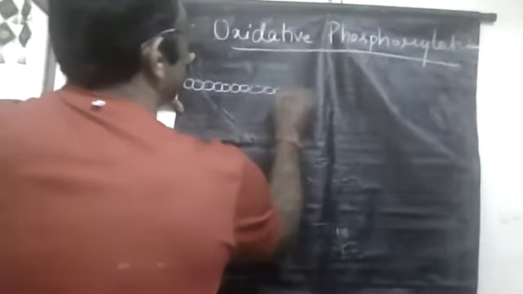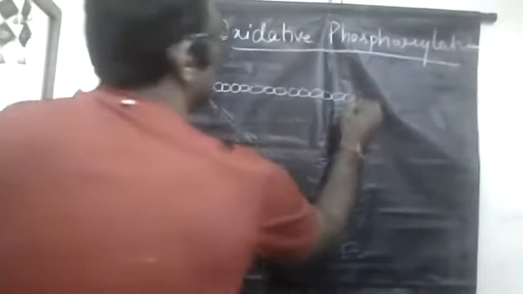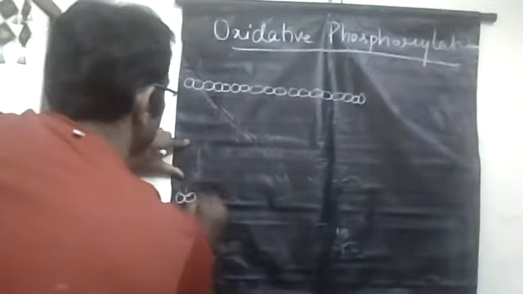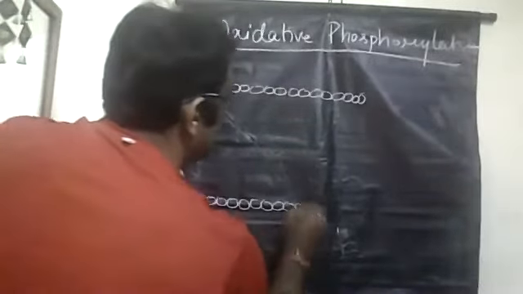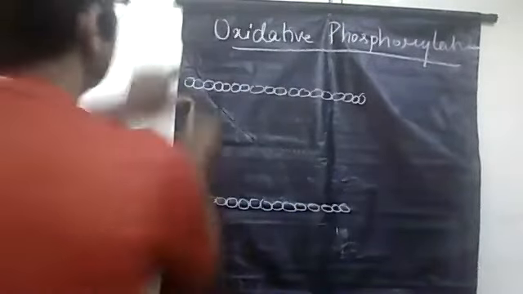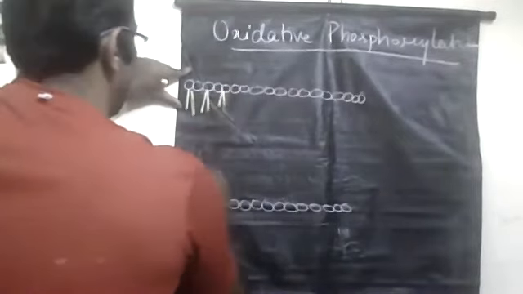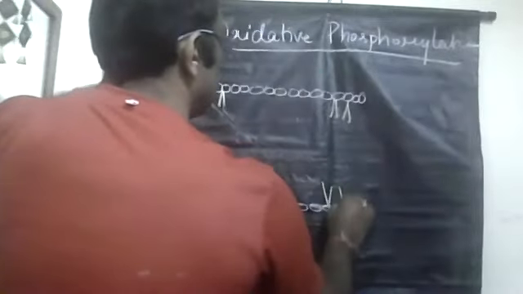Draw phospholipids like this. Draw a few lipid layers. Attachment of lipids here. This part is very important.